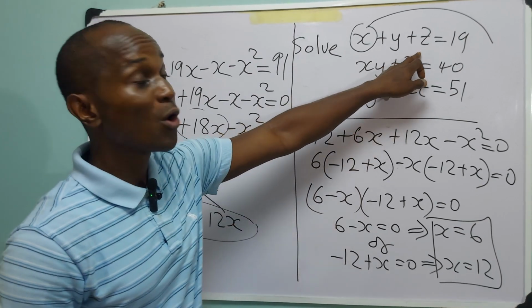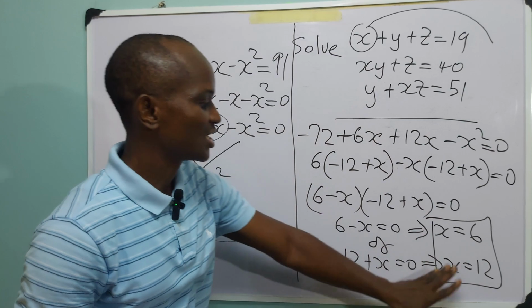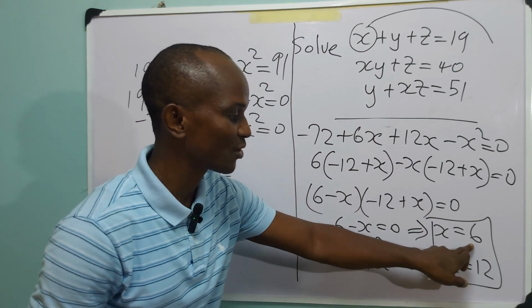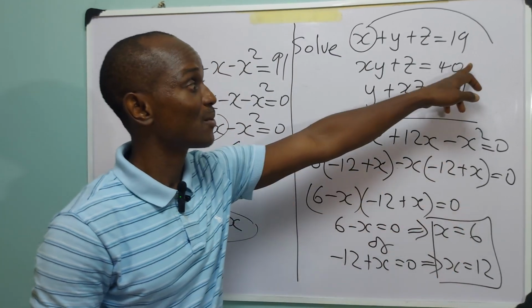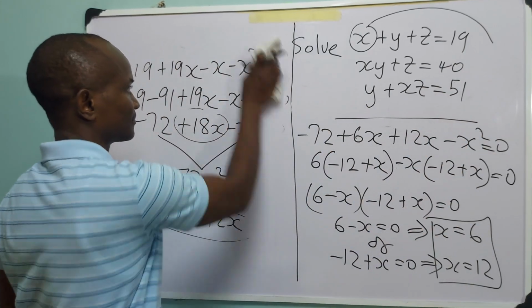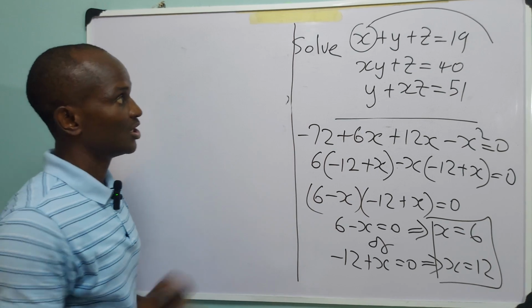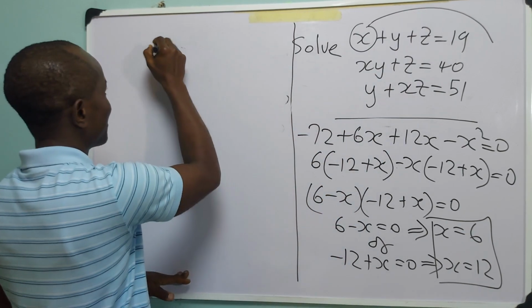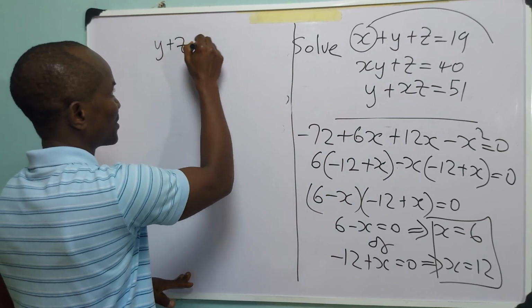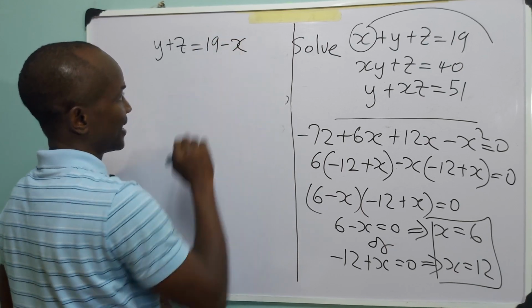Now what we do is to go back to these equations, select one, substitute each of these values of x, and consequently get values of y and z. So from the first equation, remember we have that y plus z is equal to 19 minus x.